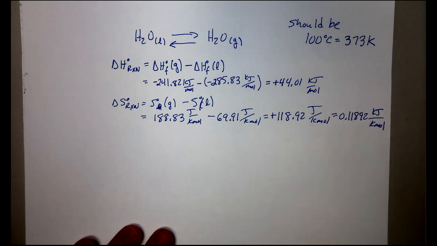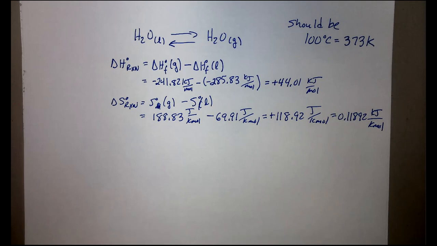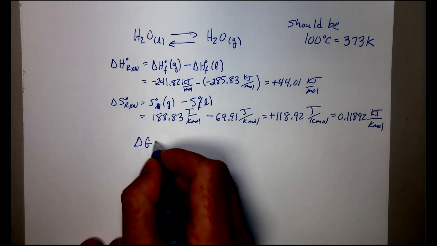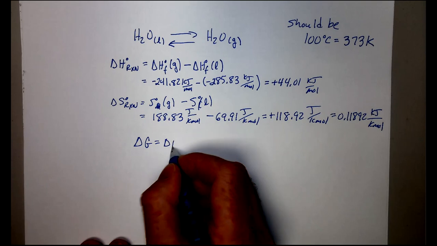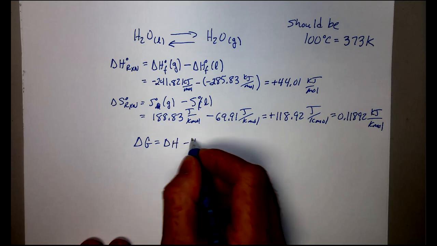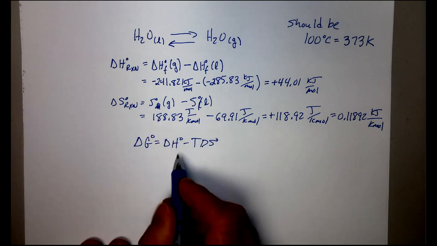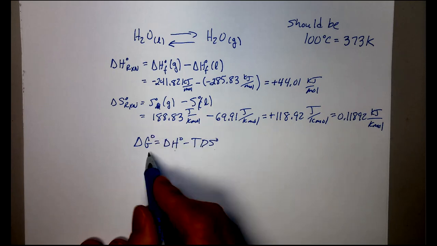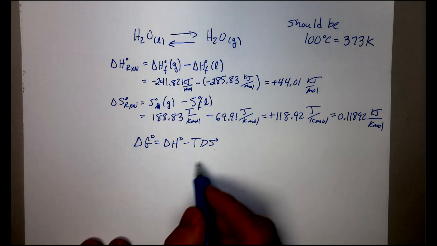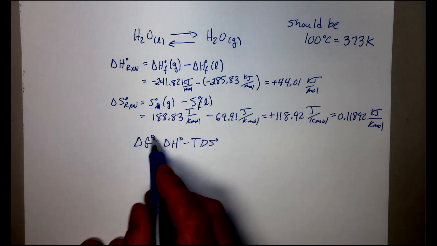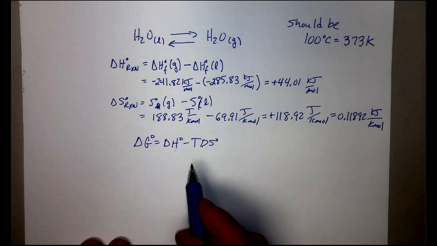I've got to make the units match before I can work my delta G equals delta H minus T delta S. And these are all standard. If these values are standard that you plug in, then the delta G is also standard. If they're under non-standard conditions, then you would eliminate this little zero up there and not have it in standard conditions.